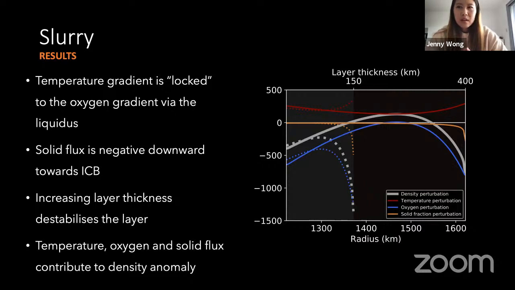Also, maybe not the present day Earth, but the early Earth, when we had this magma ocean from which the mantle crystallized, that crystallization process can also be modeled as a slurry. So yeah, it's a fascinating subject, and it's also something I've looked at.